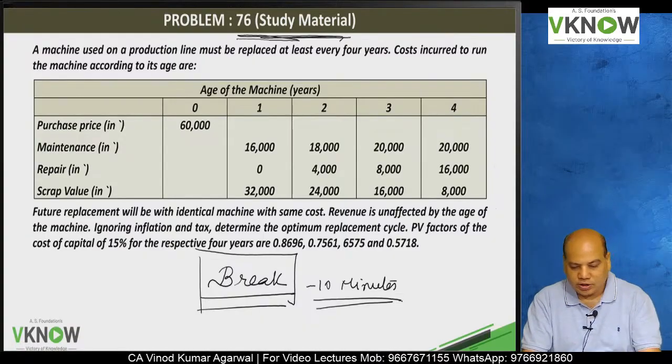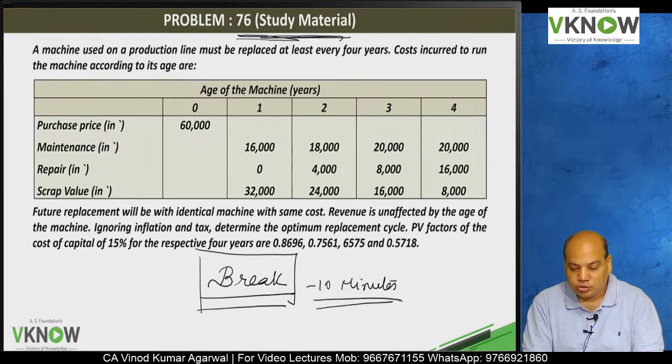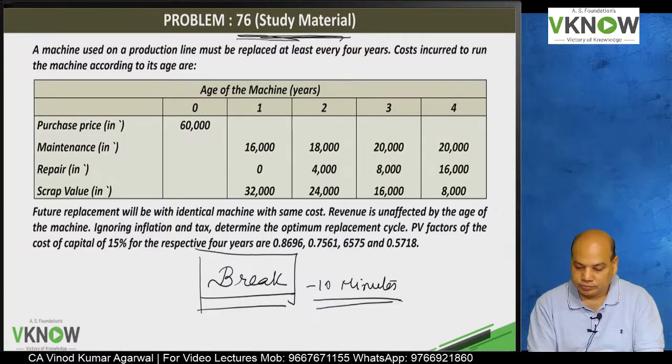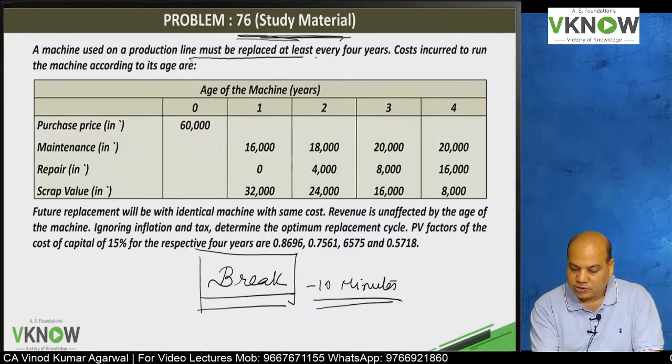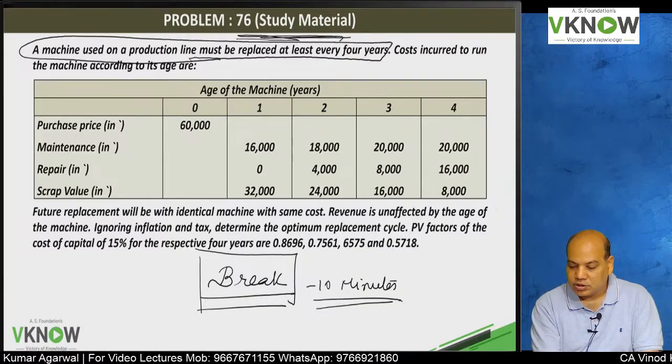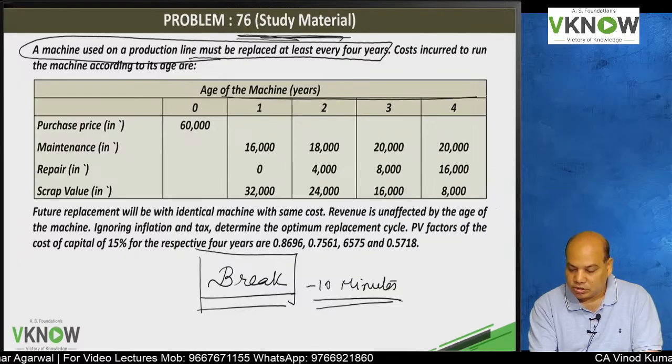Please pay attention. A machine used on a production line will be replaced at least every 4 years. Must be replaced at least every 4 years. So the maximum life of this machine is 4 years.